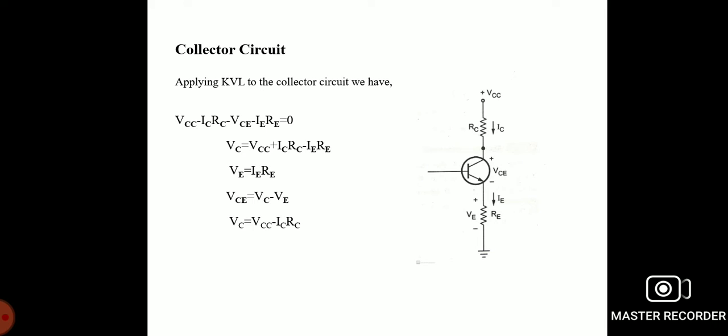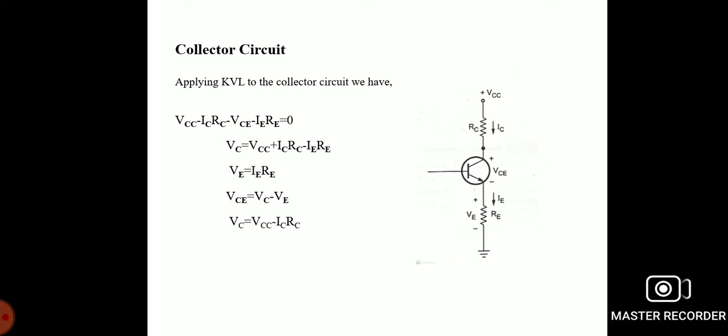The supply voltage must exceed the threshold voltage of the transistor to start the conduction. Applying Kirchhoff's voltage law to the output side, we get the equation: VCC minus the collector current IC into the collector resistance RC minus the collector emitter voltage VCE minus the emitter current IE into the emitter resistance RE is equal to 0.